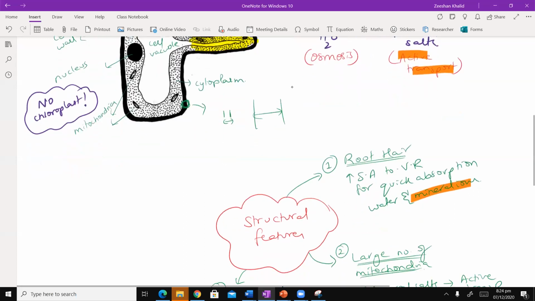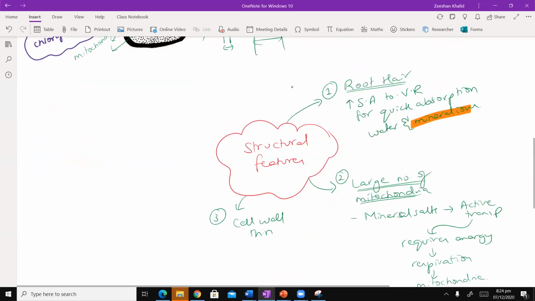The fact that it's a thin cell wall basically offers a short diffusion distance, which otherwise would have been large, and then it would have taken a lot of time, and that's not what we want.